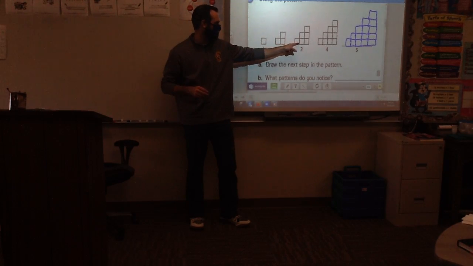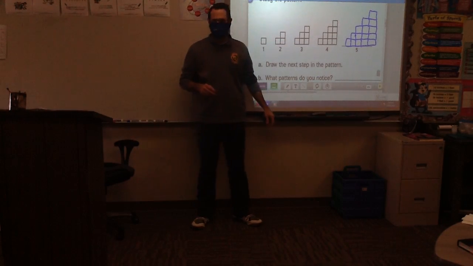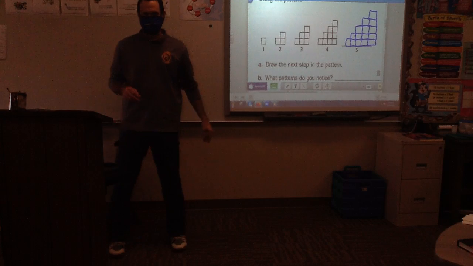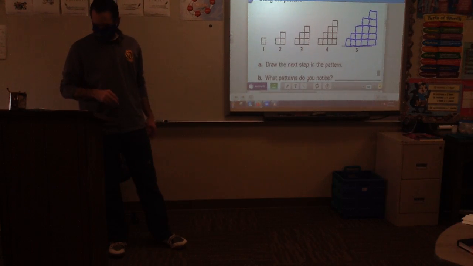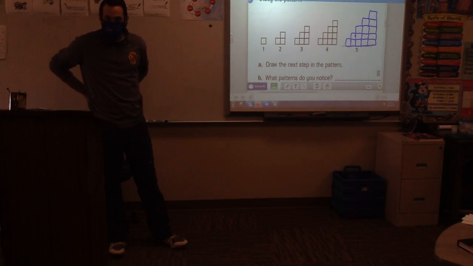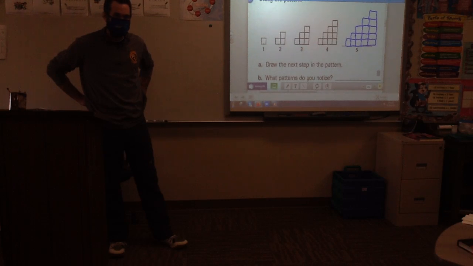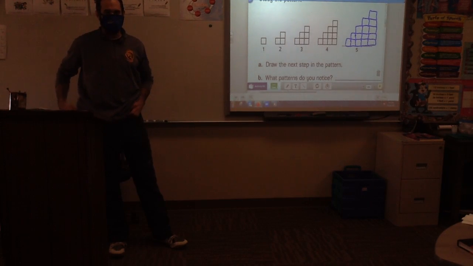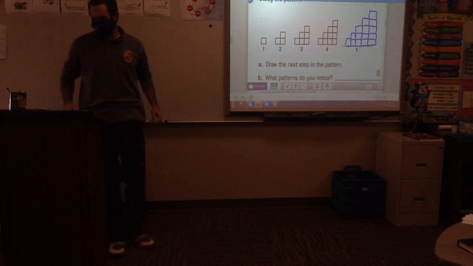Actually, this time it's adding 3 more. I said add whatever the next number is, because if you started with 1, then on that first block, you would put 2 on the other sides, and then same with 3, you would put 1, 2, 3, and then with 4, 1, 2, 3, 4, and then 5.